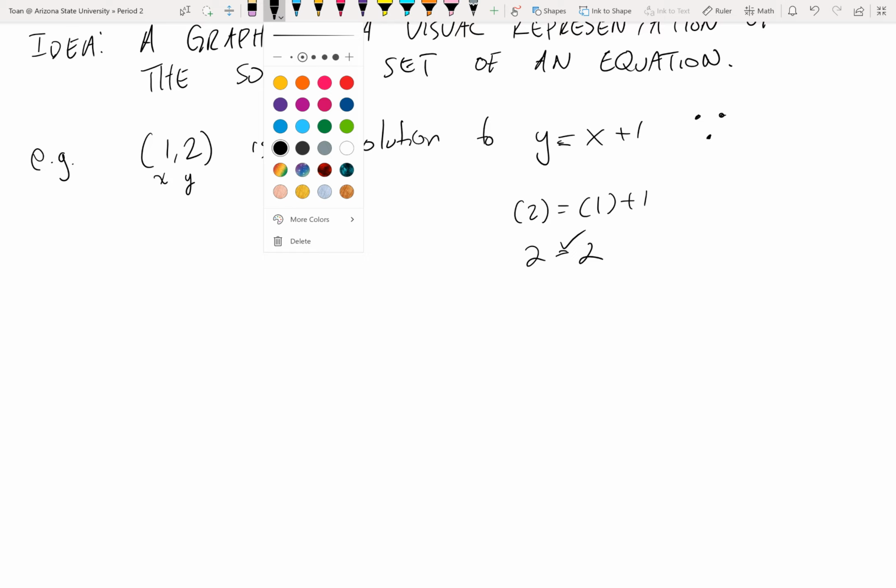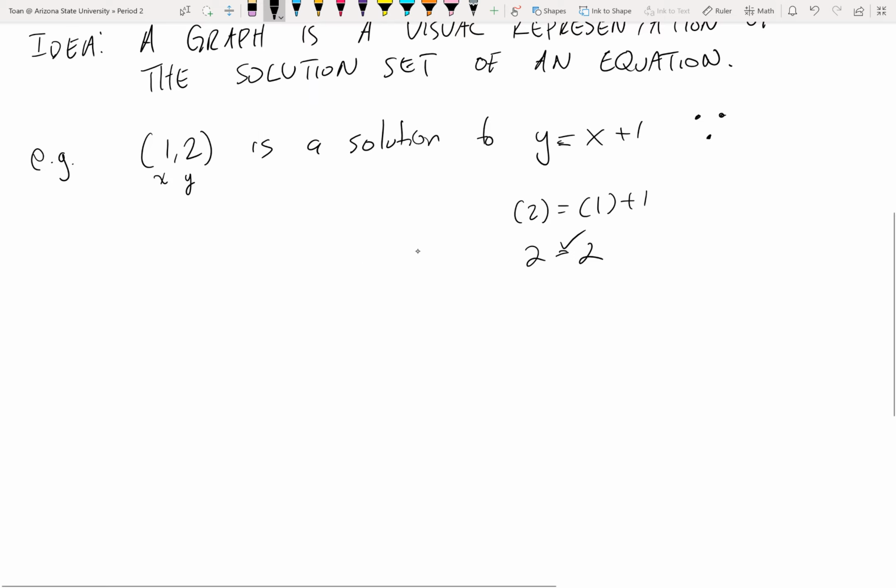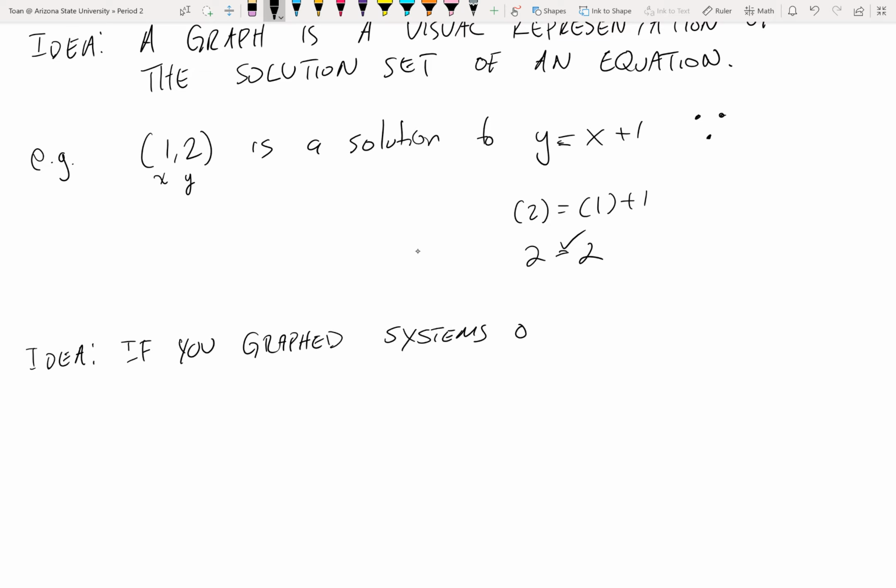And this is the idea. If we can accept, and I hope we can, that a graph of an equation is its solution set, then if you graphed a system of equations on the same coordinate grid. I think system should be singular. System of equations.